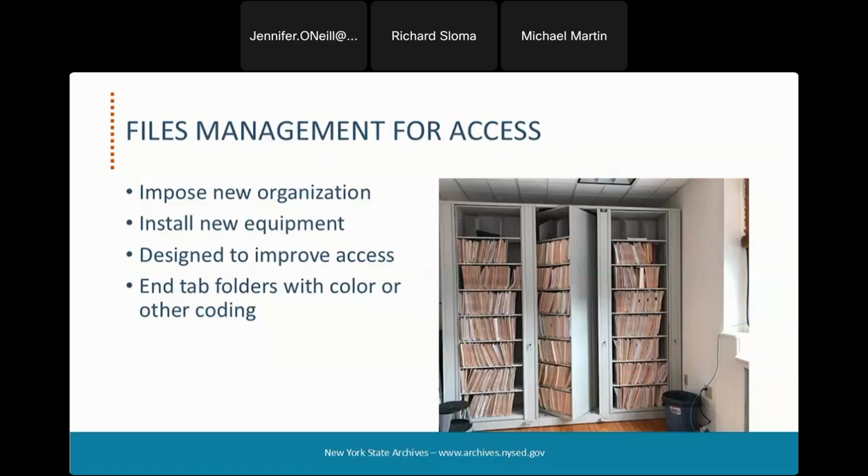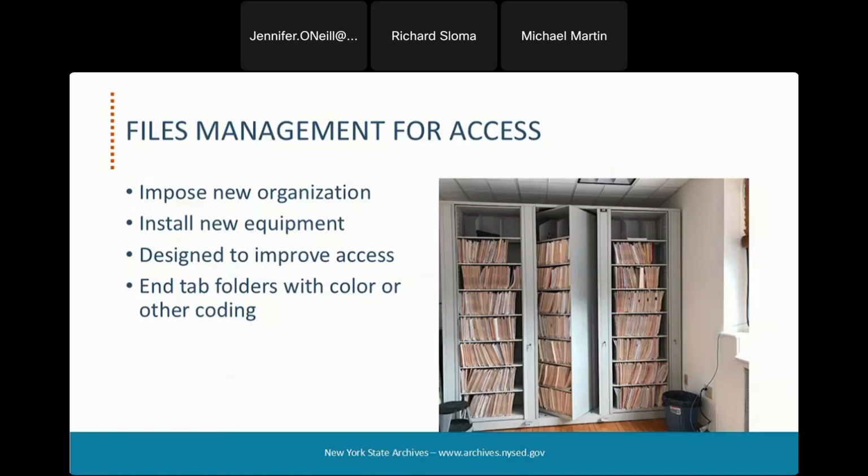So now we're thinking about files management for access. This slide really provides an example of filing equipment for active paper files. These examples are designed to reduce the amount of storage space used in an office. Here we have an image of files stored in two-sided shelving units, the mobile shelving units that flip. You store the files in a manner that makes them more accessible by making the files more visible.